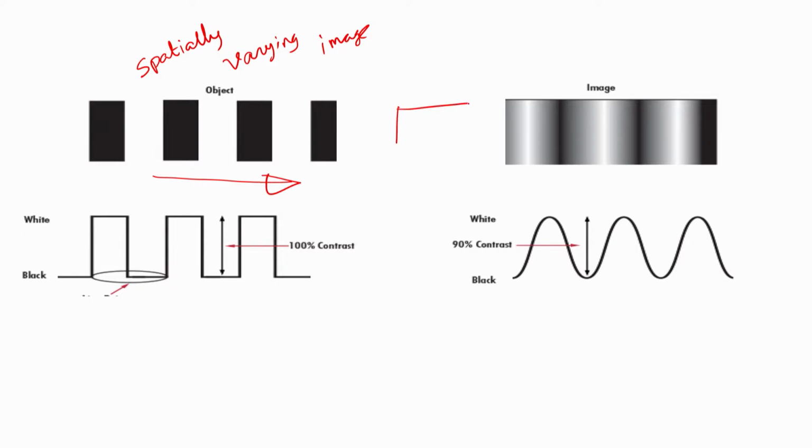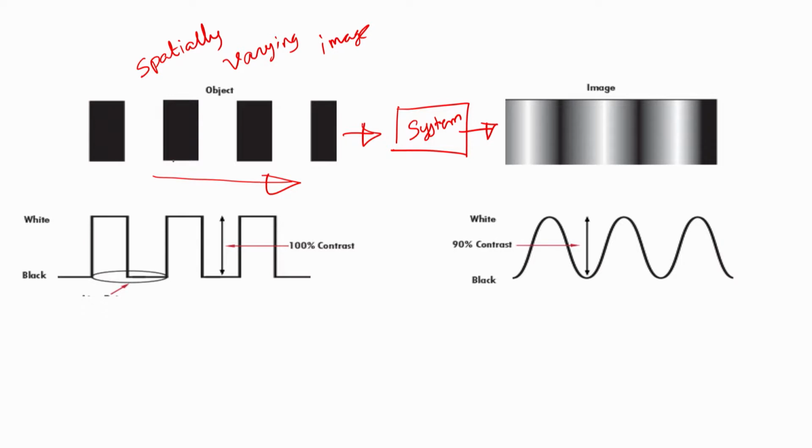Let us say we are giving this as input to our system. The system, let us say, is a generic one, and it outputs an image which is transformed in some way. In this case it is giving an image like this.